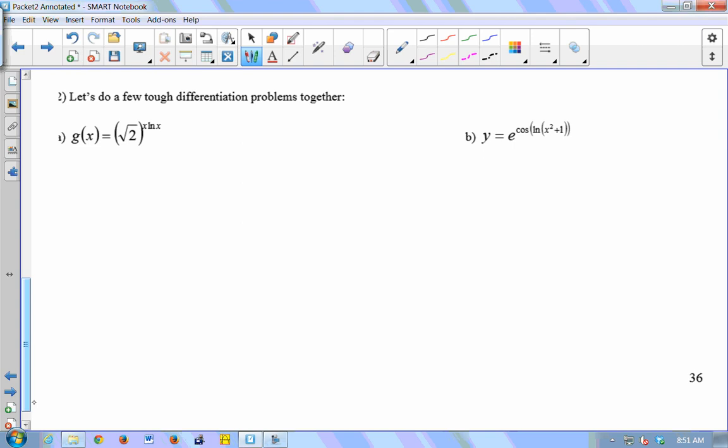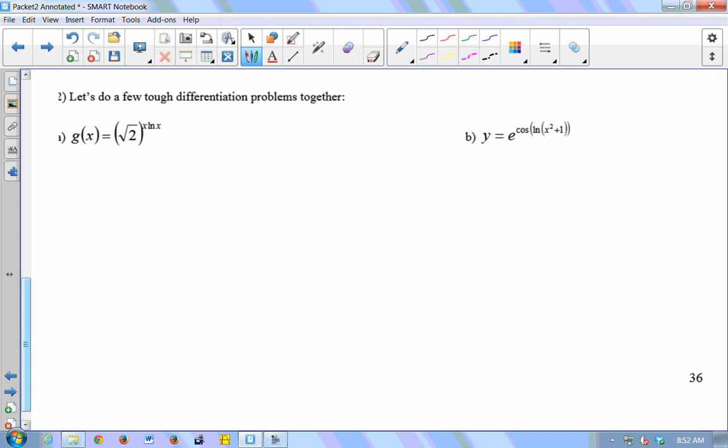Okay, so I have the square root of 2, all raised to the x times the ln of x. So the first thing I see is that it is the square root of 2 raised to some stuff, right?